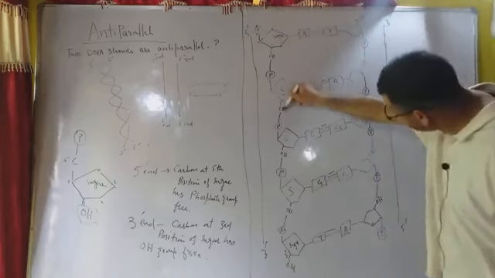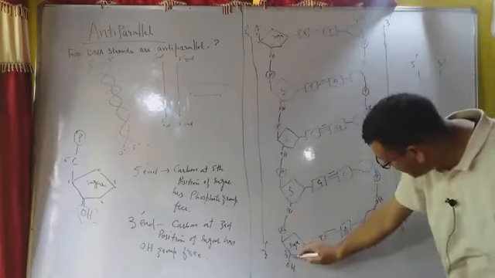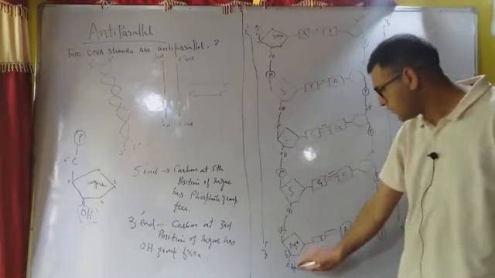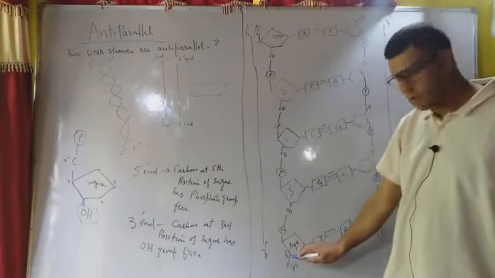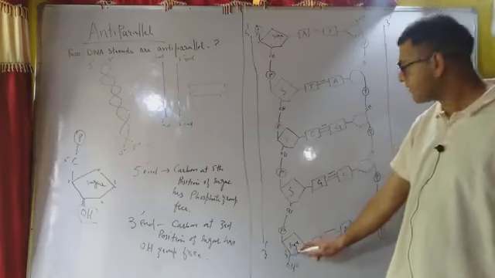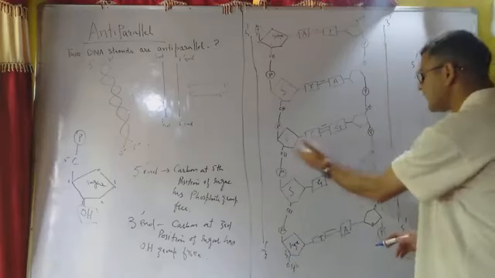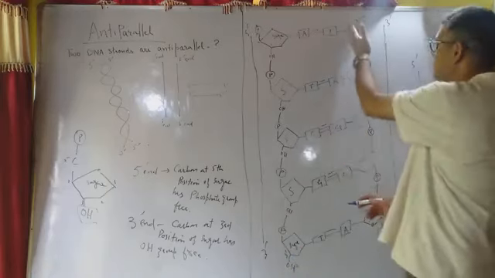In the same strand, we have a free hydroxyl group, OH group, at the carbon third of the sugar. Then this is one polynucleotide strand, and this is another polynucleotide strand.